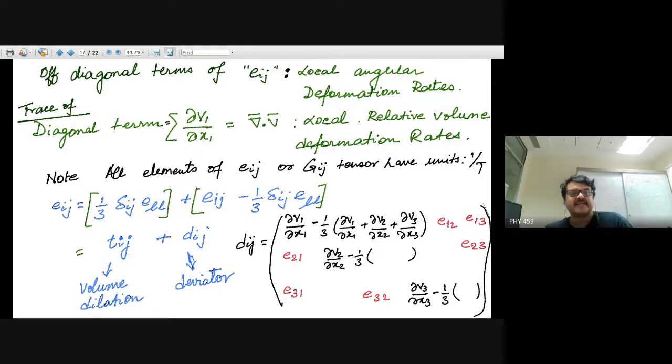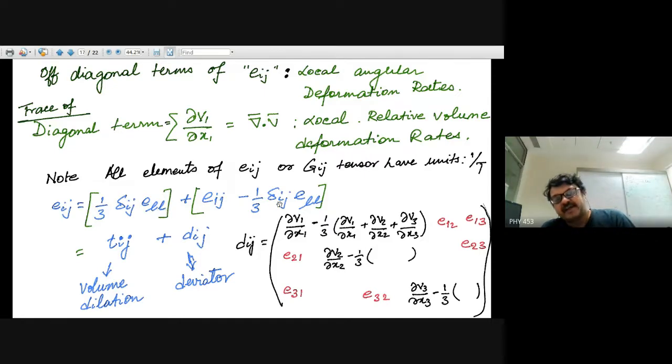And just to say that Eij itself can be written into a purely diagonal term. So this is your Kronecker delta, which has basically only 1 1 1 along the diagonal, and you multiply it by Ell, so you have a 1/3 δij Ell, right?